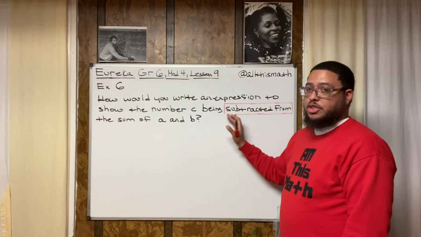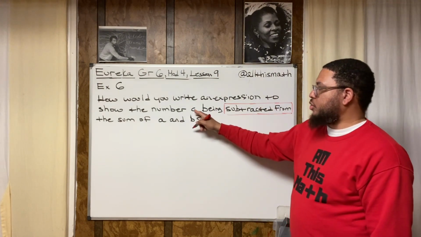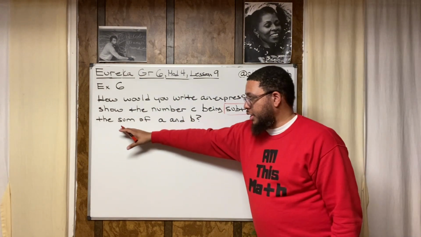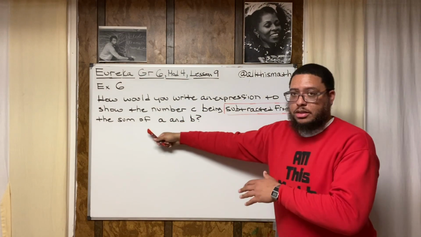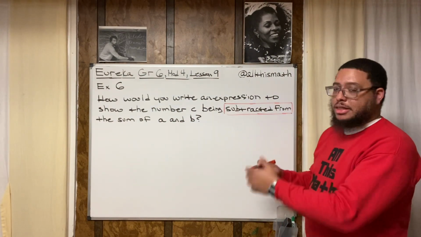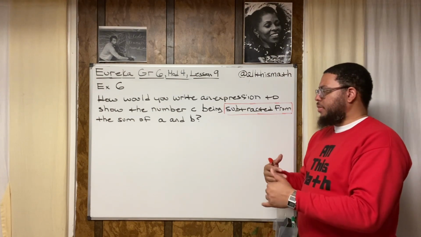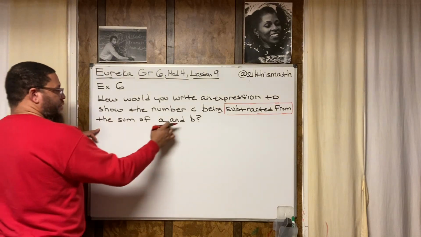It doesn't say the difference between. So that means we're not going to do C minus anything. Whatever this is, we're going to minus C, because it's subtracted from. Does that make sense? It's being subtracted from what? From this, the sum of A and B.